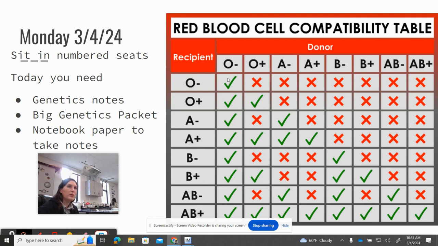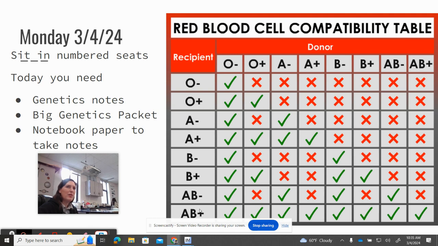It can give blood to every single person; every single person can take O negative blood. However, O negative blood can only receive O negative blood. That's it. Everybody else, you cannot take their blood.